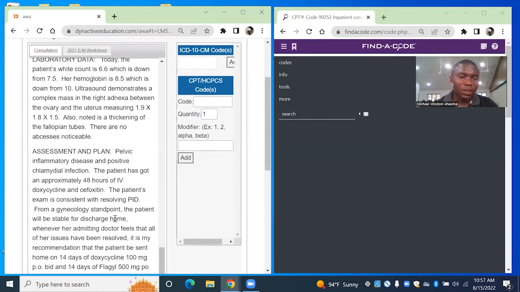From a gynecology standpoint, the patient will be stable for discharge home whenever her admitting doctor feels that all of her issues have been resolved.